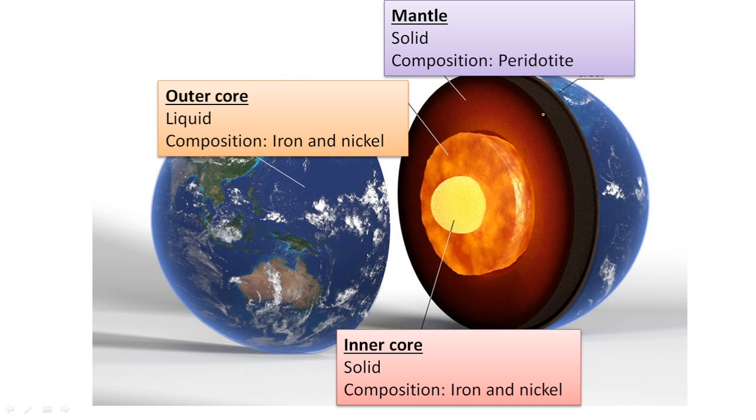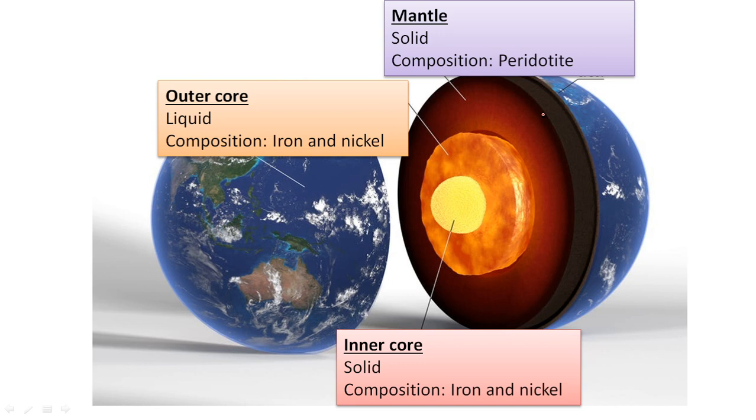The mantle is solid, okay? But in your book you can read that the state of the mantle is solid and semi-molten. I think I have to explain it a little bit more. So basically the mantle is solid, but with the pressure and temperature in those conditions, the rocks that make up the mantle have a plastic behavior.